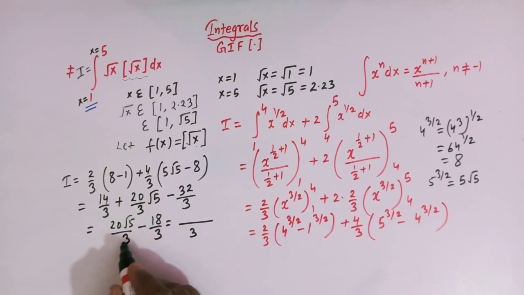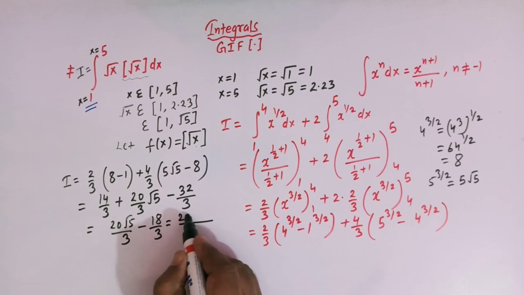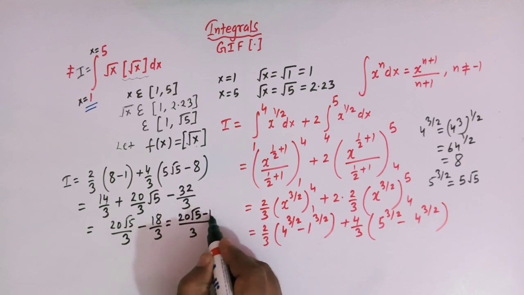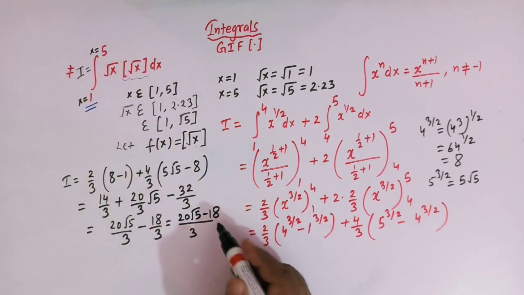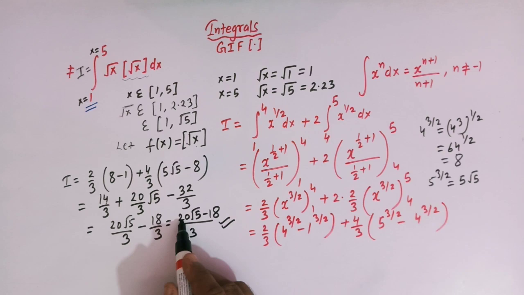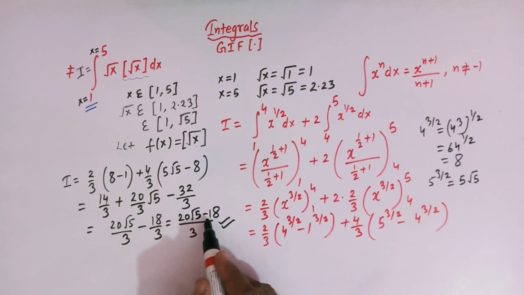The LCM is 3, so we have 20 root 5 minus 18 over 3, right? So the value of this integral is equal to 20 times square root of 5 minus 18, divided by 3, right? So viewers, this is how we can solve these types of integrals involving the greatest integer function.